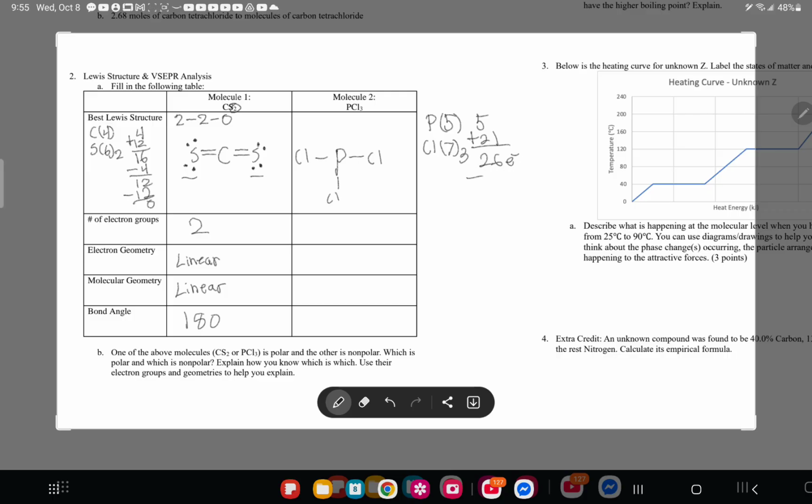Now that we've done that, we've used 3 bonds, so we're going to do minus 6 valence electrons. Then we're going to start adding them all in. Alright, we like to work from the outside in. It's going to be your best friend.